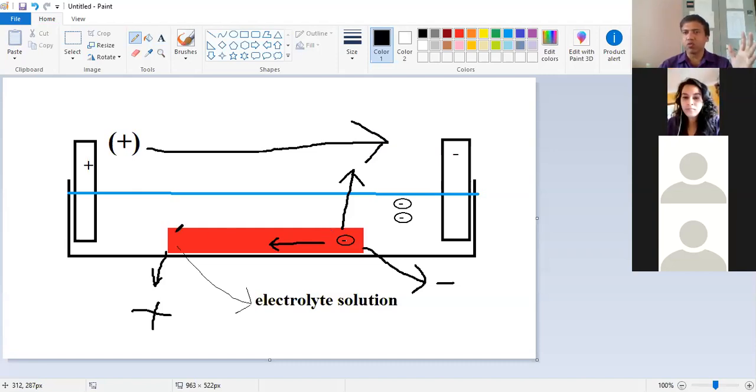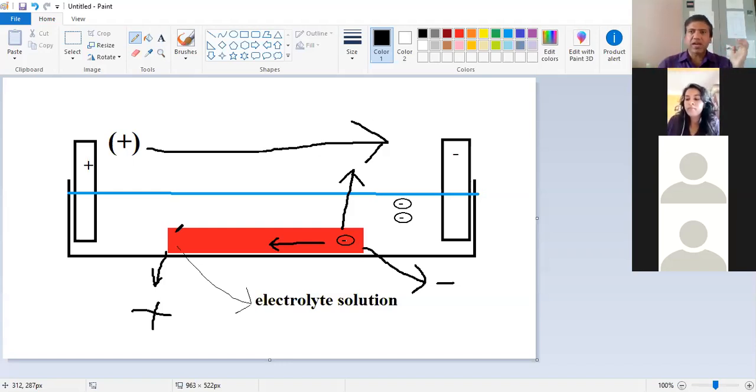So cations and your DNA are moving in opposite directions. Your gel is contaminated with calcium and magnesium ions moving towards the cathode, and your DNA is moving towards the anode. What will happen? The migration of the DNA will not be proper because they will strike against each other.